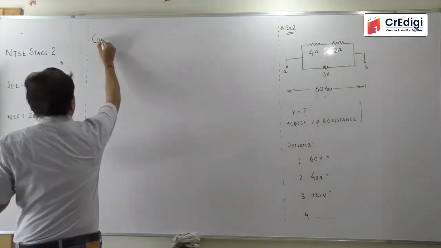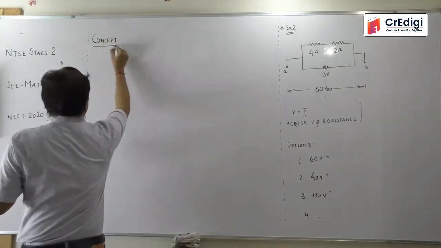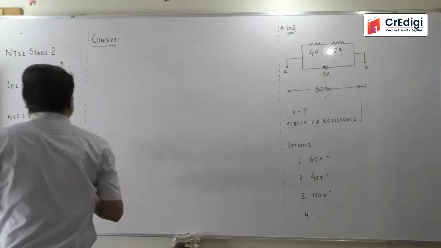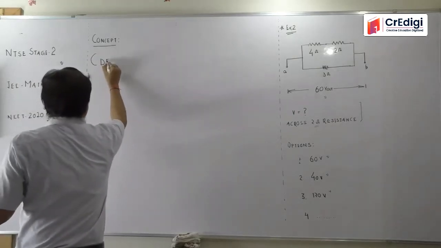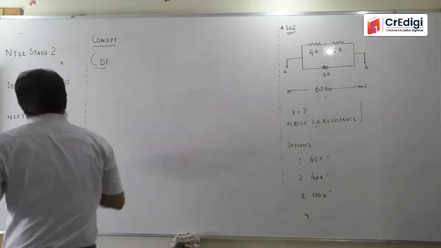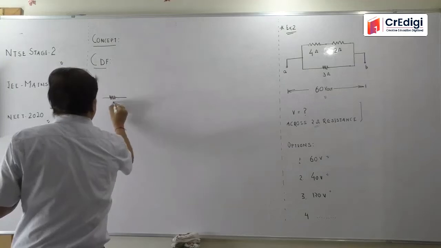This concept is popularly known as the CDF, current division formula. I will use it, and it will be very useful to all of you. This is a resistance, suppose it is R1.